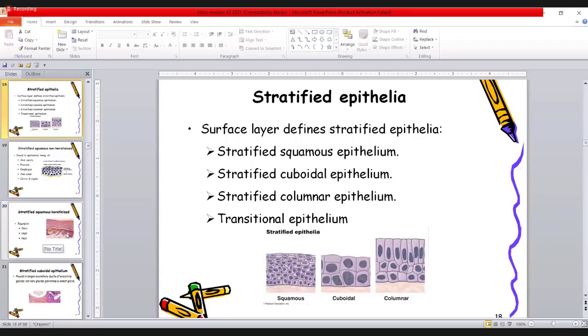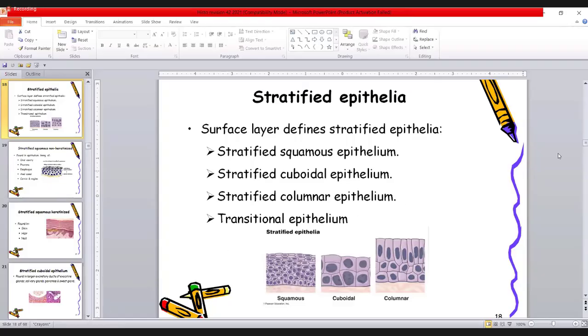Then stratified squamous keratinized, where do you find it? In dry areas like skin, hair, and nails. Yes, stratified squamous keratinized.